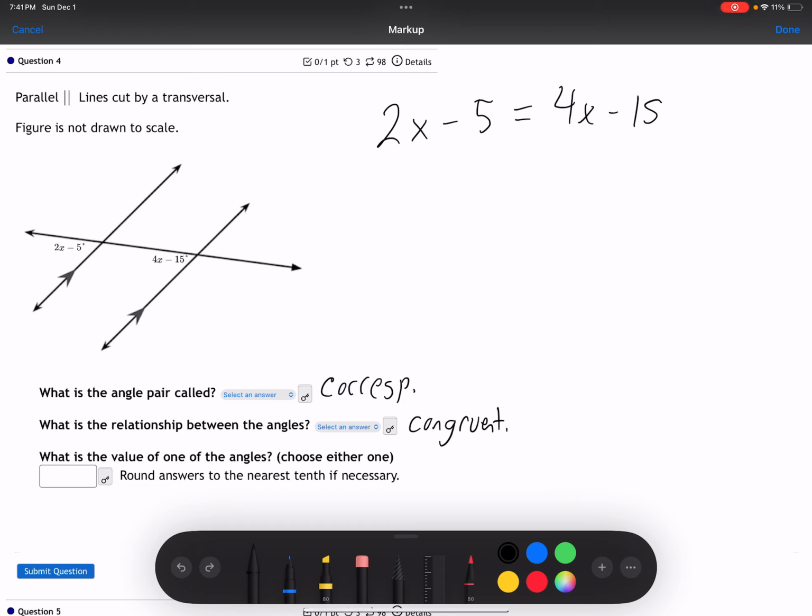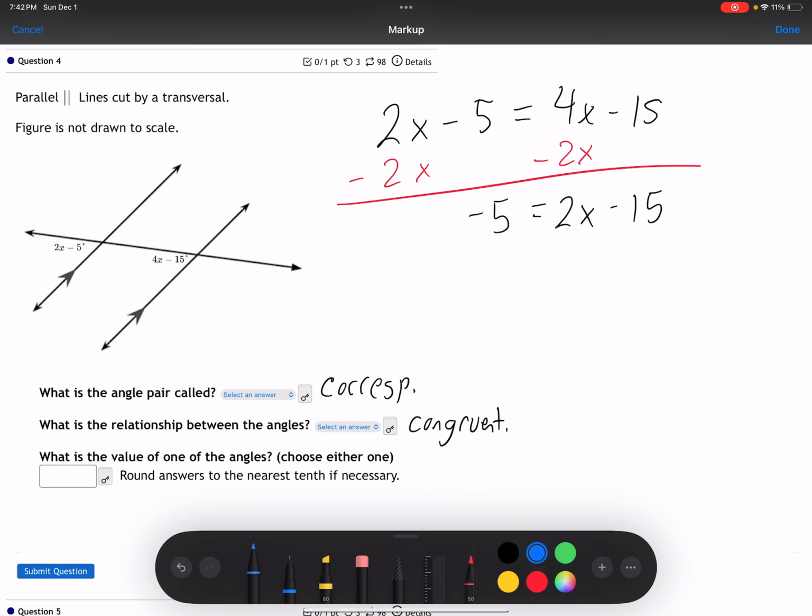So even a less complicated equation, the solution might be a little bit harder sometimes, but let's do our like terms. Let's get all the x's on one side. So I'll subtract 2x from both sides. I always like to subtract the smaller one, though you don't necessarily need to do the smaller one, but that's my preference. 4x minus 2x is just 2x, because 4 minus 2 is 2. Minus 15 equals negative 5.